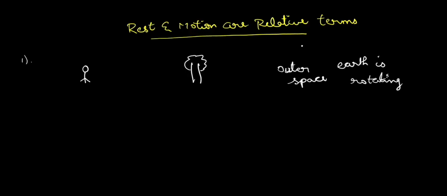So the same tree will be in the state of motion for the person observing from outer space.